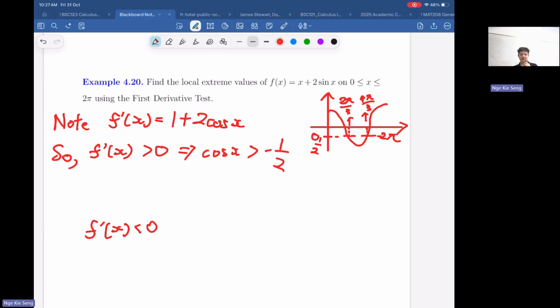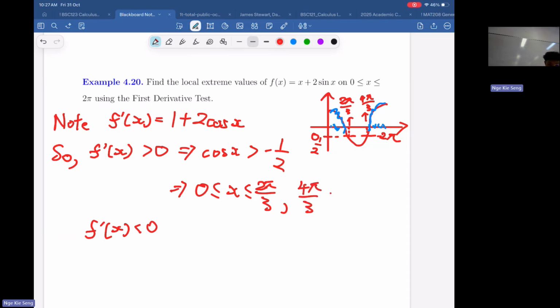From here we can see that if you want to stay above, meaning this part here, then your x's need to stay from 0 up to 2 pi over 3, and on the other side, from 4 pi over 3 up to 2 pi.